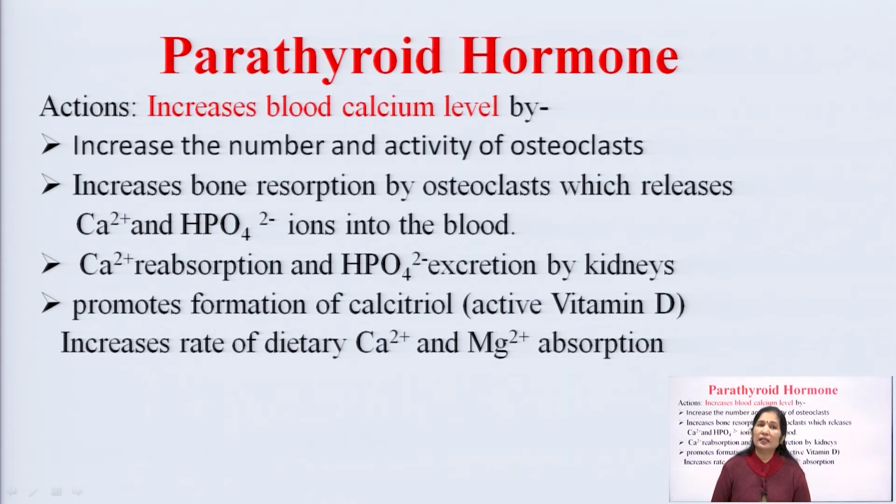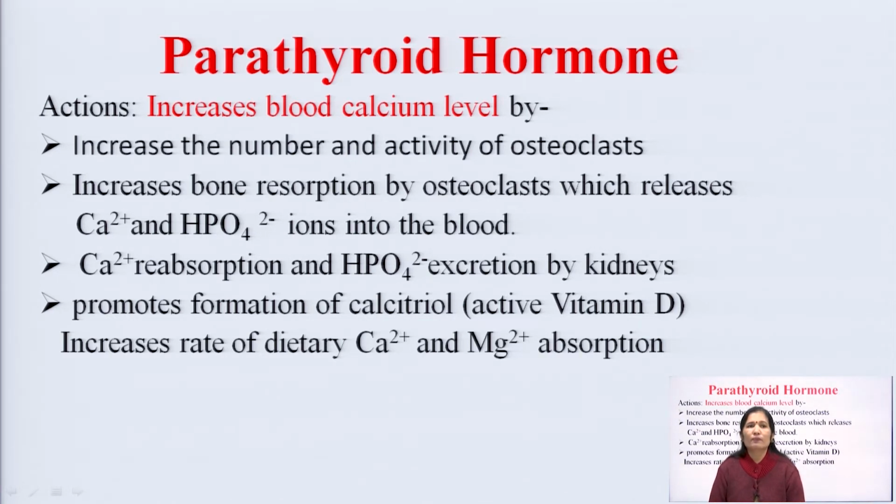When it increases the activity of the osteoclasts, more breakage of the extracellular matrix will occur, more of the calcium will be released from the bony matrix and will go into the blood, and the blood calcium level will rise. So, it increases bone resorption by osteoclasts, which releases calcium and phosphate ions into the blood.